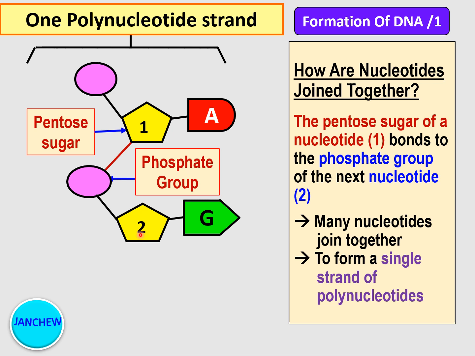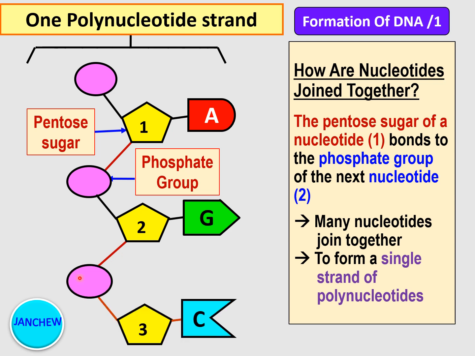And then similarly, the sugar of the second nucleotide forms a bond with the phosphate group of the following nucleotide. In this way, a lot of nucleotides are joined together, where the sugar of one nucleotide forms a bond with the phosphate group of the next nucleotide.